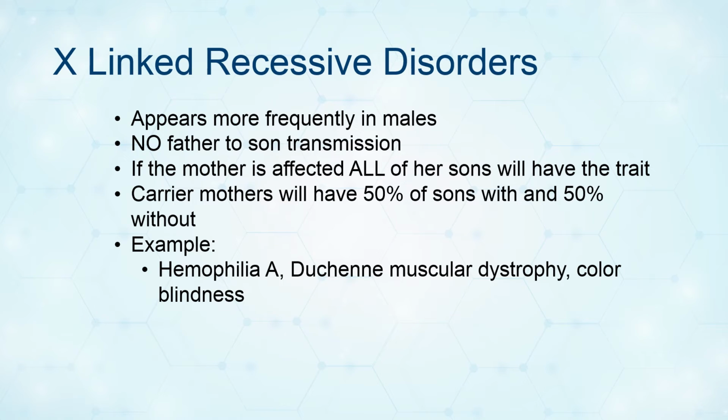Okay, let's switch gears a little bit and talk about X-linked recessive disorders. Now, because X-linked recessive disorders are found on the X chromosome, males are more likely to be affected. And this is because males having an XY pattern only have one X chromosome.